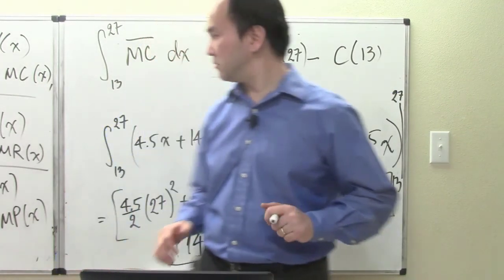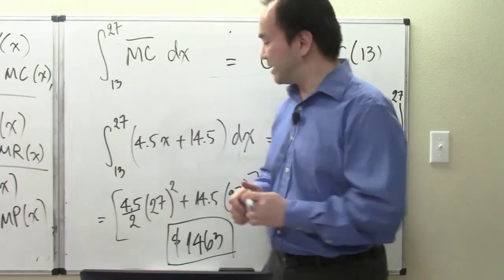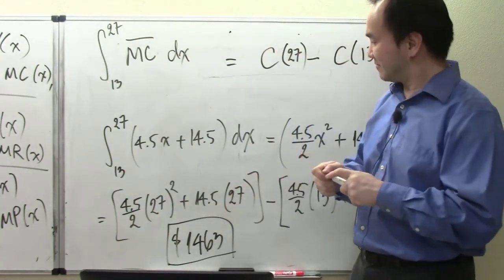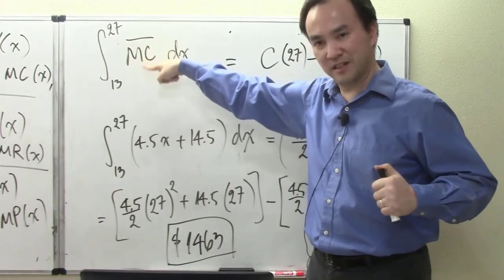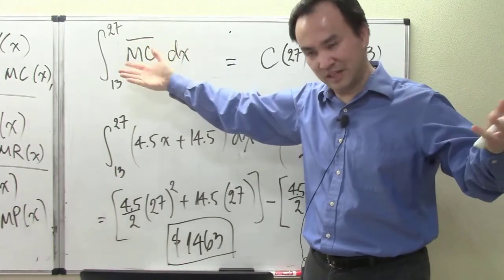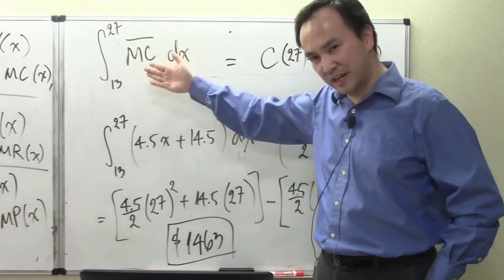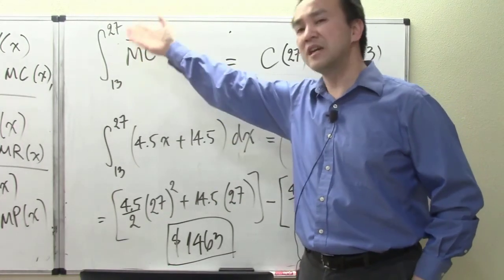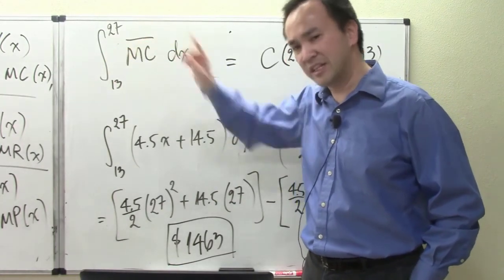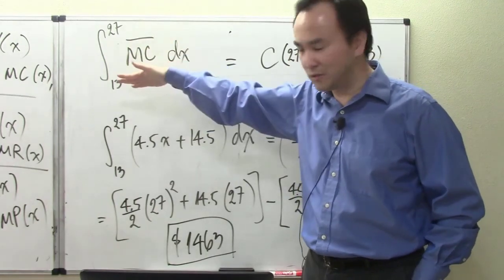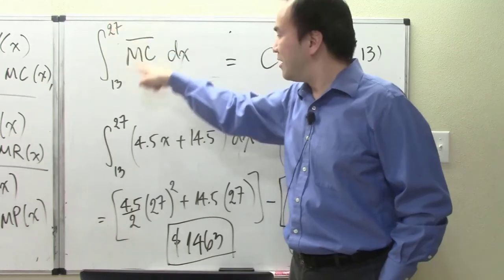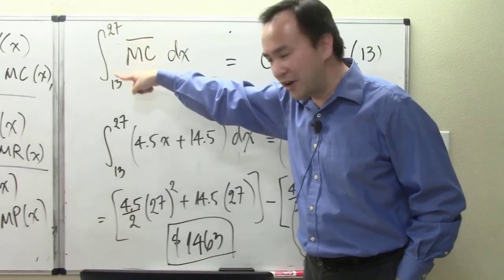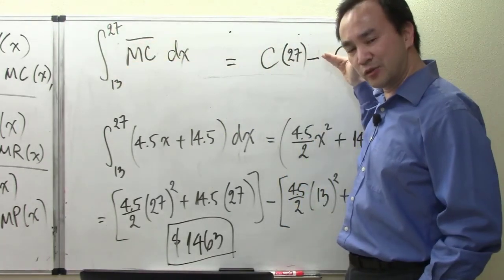All right, so outside of this example, if the problem in the beginning was giving you MP or MR instead of MC, we're just going to follow a similar way. We would take the definite integral on top of our other marginal function, and then we come up with the actual function.